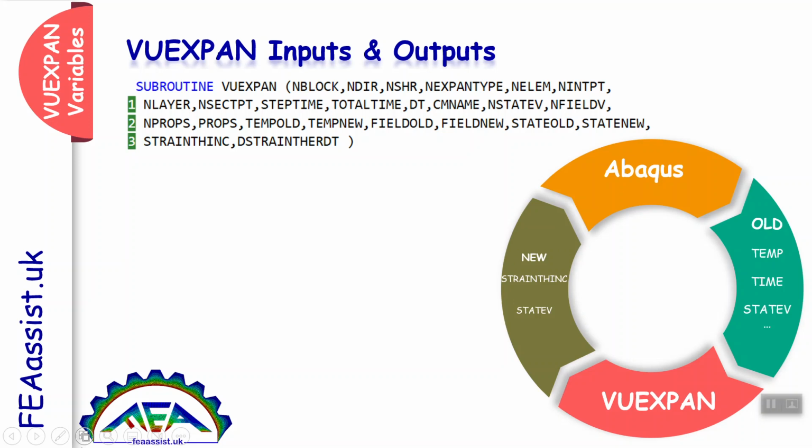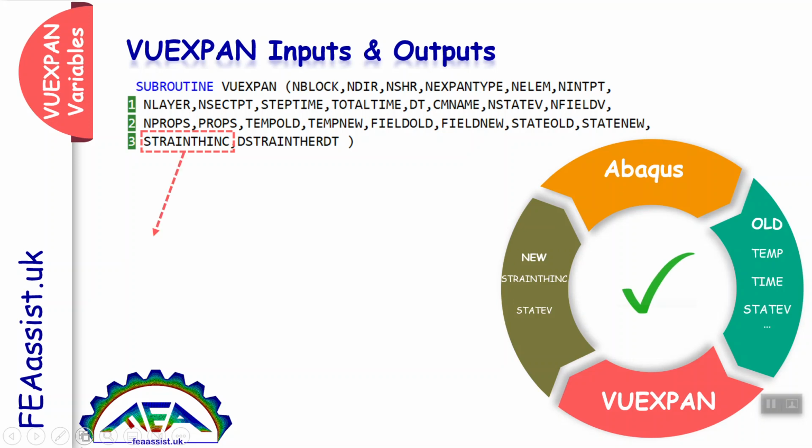Again, Abaqus uses these values to compute the new values for temperature, for time, state variables. This is how Abaqus and VU expand interact with each other, which is necessary to well understand to write good VU expand subroutines. For example, I explain one of the variables here.